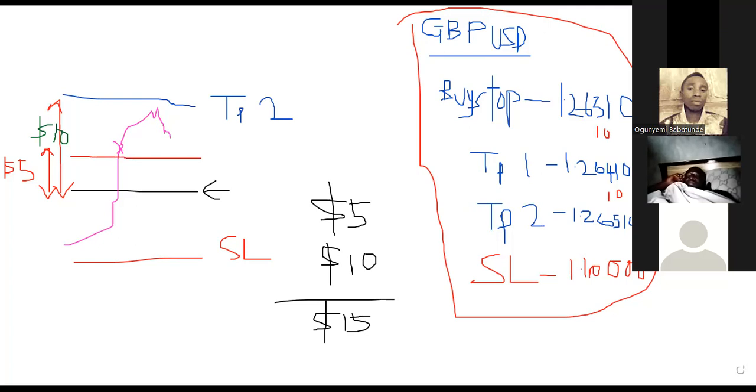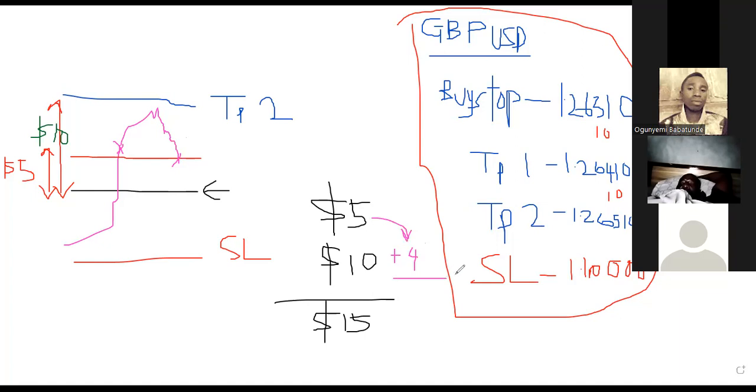Now, you will notice something. You will discover that even if this trade comes down to misbehave, to hit your stop loss above your entry point, you don't have to feel bad. Why? Because maybe probably you have like $4 added to that $5 in the profit margin.